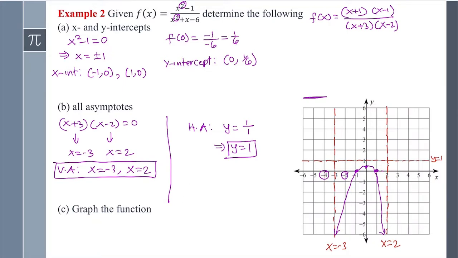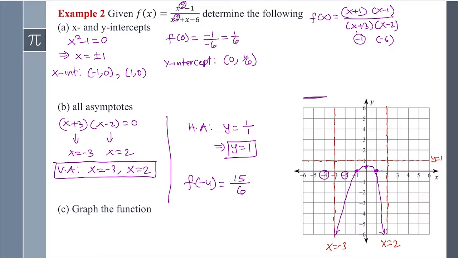So f of negative 4 equals, negative 4 plus 1 is negative 3, and negative 4 minus 1 is negative 5, so the numerator is 15, divided by negative 4 plus 3, which is negative 1, and negative 4 minus 2, which is negative 6, and then we get 6 here.